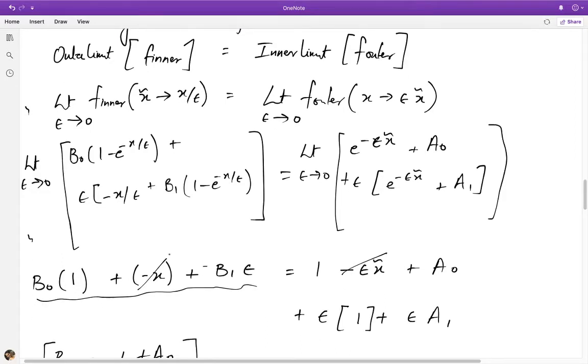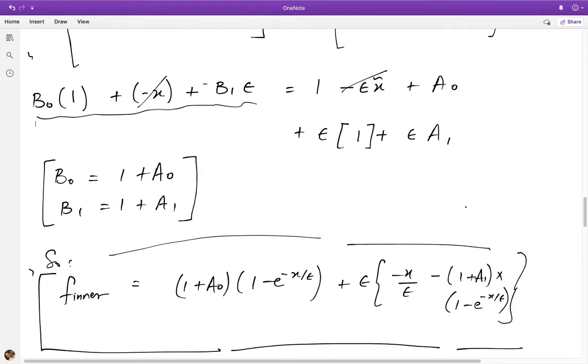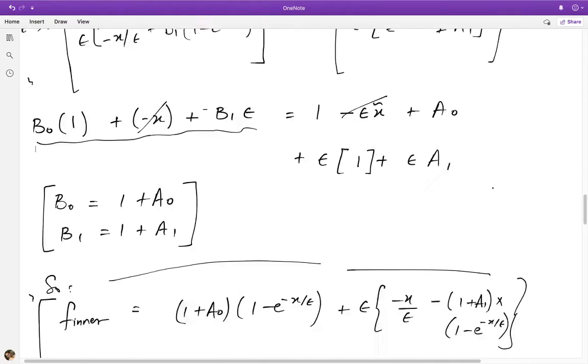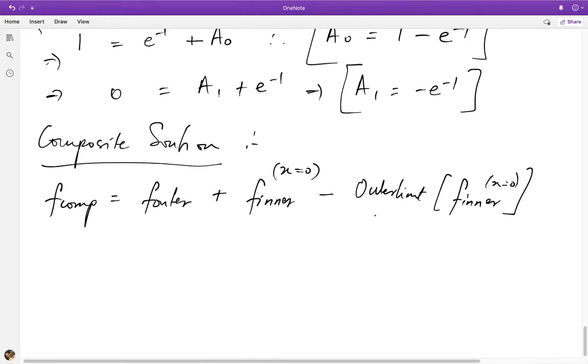If we simply add it, this will get double counted because it's exactly matching with stuff in the core by construction. So we subtract out only this part and leave the core solution intact, and that's what this negative term indicates. So let us now add up these things together, accounting for the fact that we need to subtract this out.